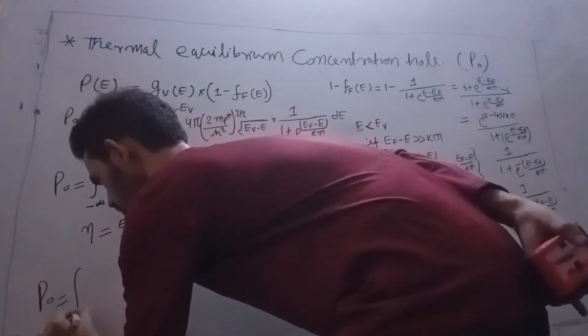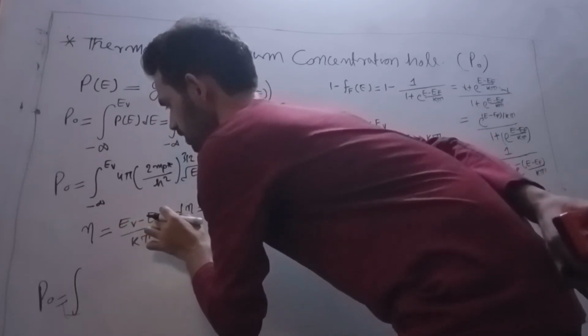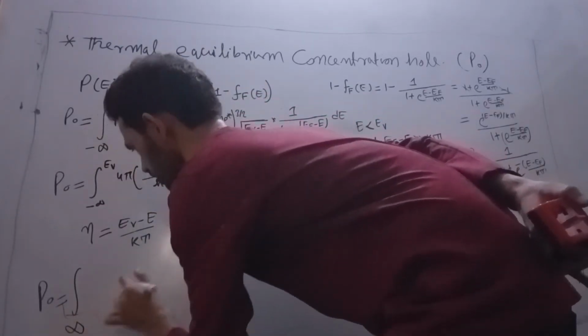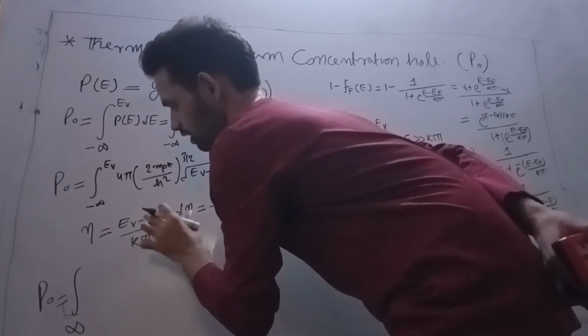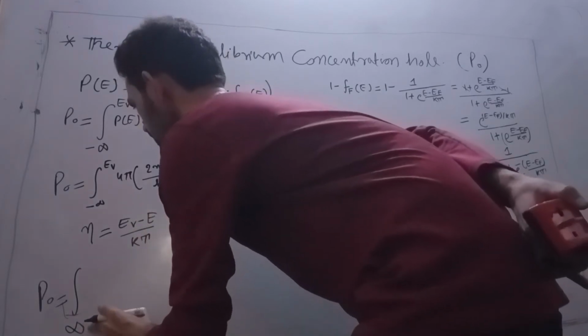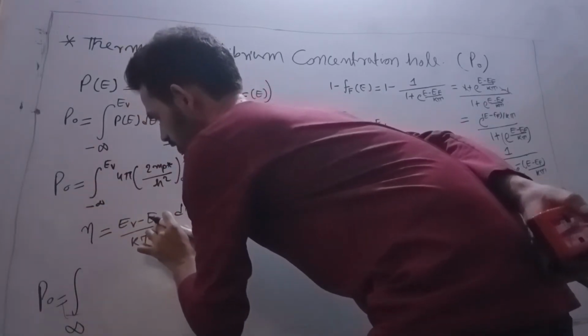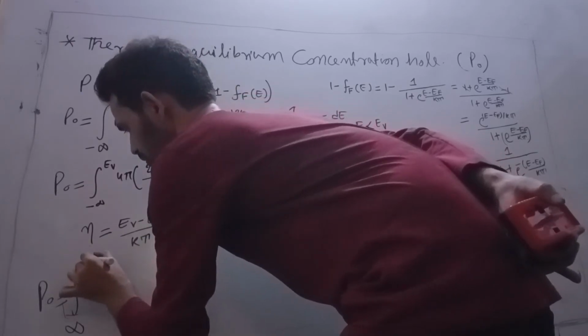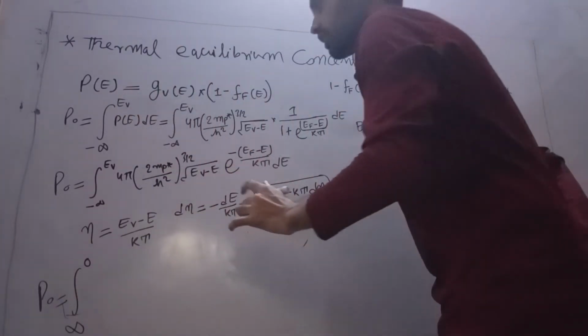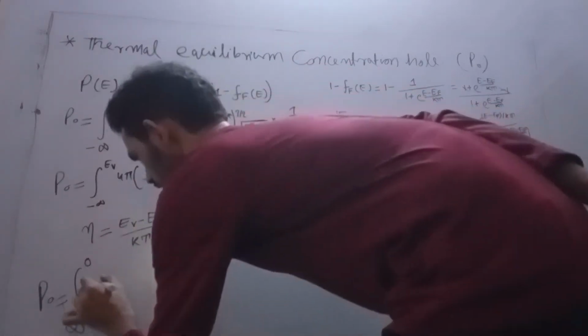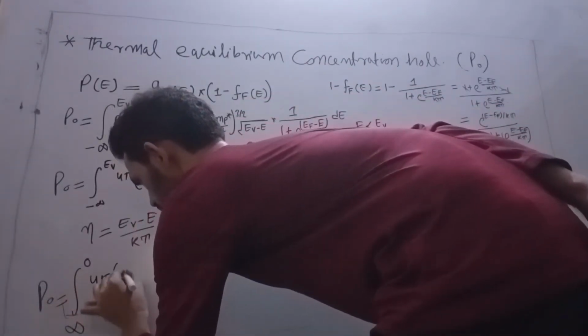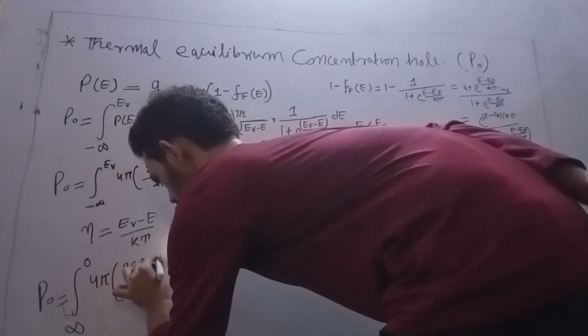We will get p naught is equal to the integral; putting E equal to minus infinity, it becomes plus infinity. Yes or no? This is negative, positive. So this is plus infinity, and for Ev, just put the value of Ev here, it becomes 0. Integration is from infinity to 0.